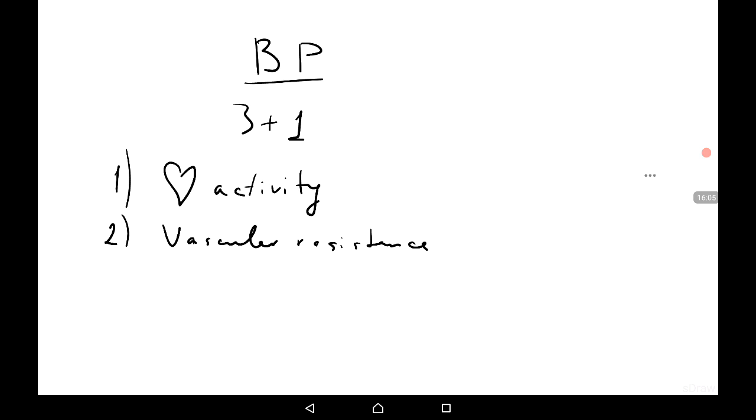The vascular resistance is explained by Poiseuille equation. In accordance with that Poiseuille equation, it depends on the viscosity of the blood, but predominantly it depends on the radius of the blood vessel.